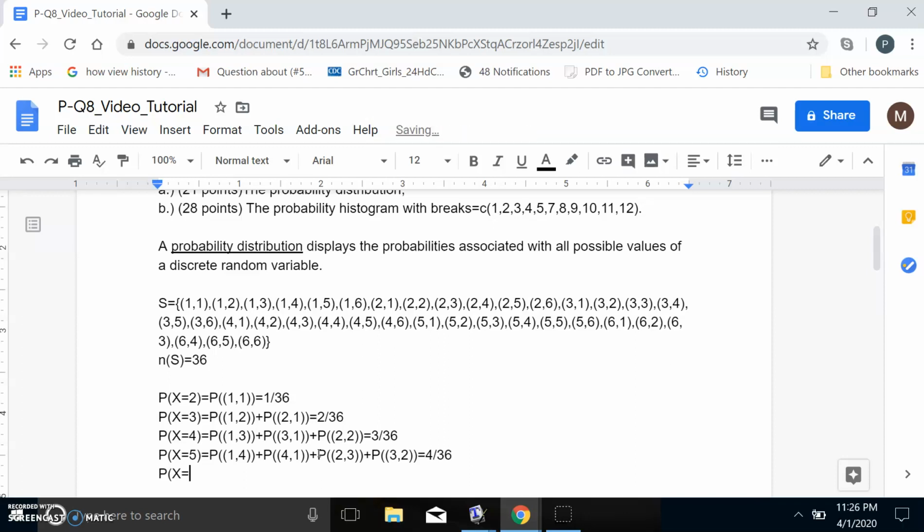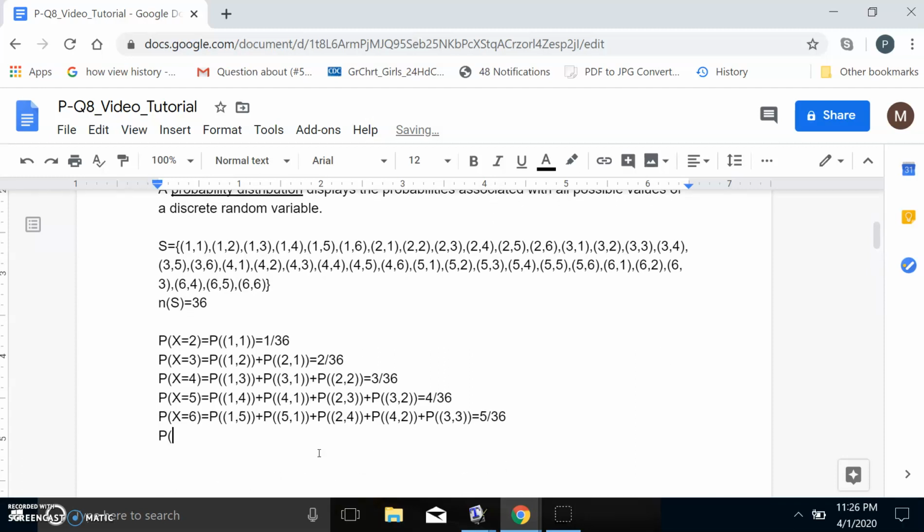X equals 6. So I could get a 1 5, a 5 1. I could get a 2 4, 4 2, or I could get a 3 3. So that'll be 5 over 36.